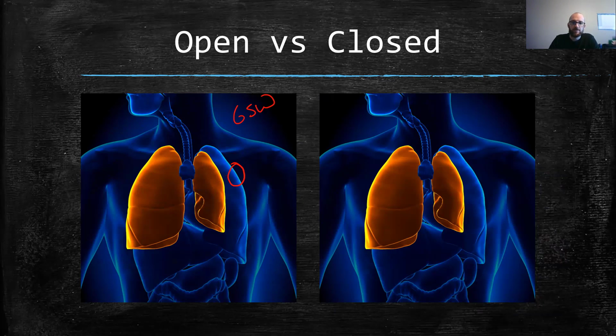And what's happening is that opening possibly punctured the lung, possibly didn't, but at the very least, it punctured the pleural cavity. And some of the outside air is now able to get inside the pleural space.